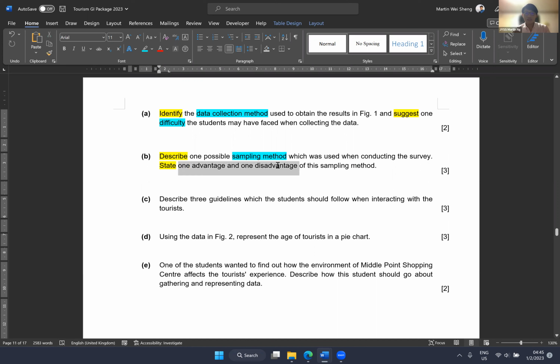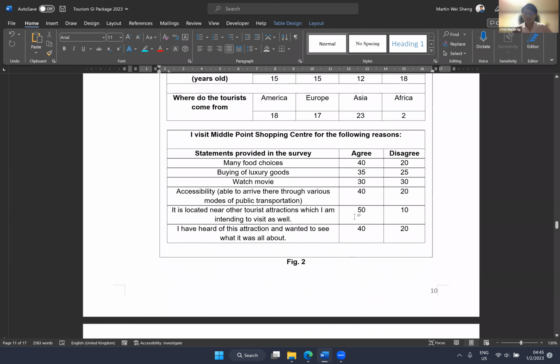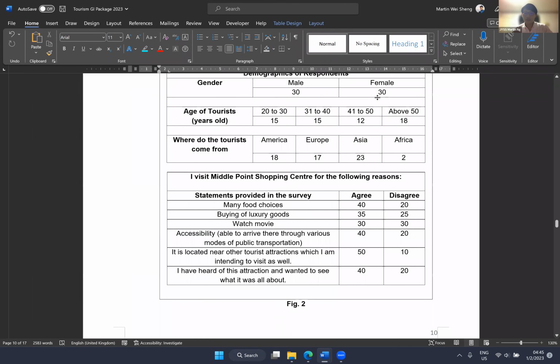Okay, so among these three, you have to decide, okay, which one did the student use, which is more probable based on the data that is given over here. All right, so if we look at the data given, we notice that the student managed to interview respondents from 30 male, 30 female, so the numbers here are equal, but then the numbers below here are not equal.